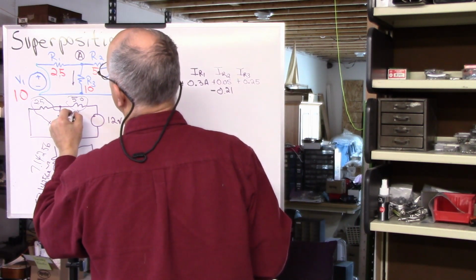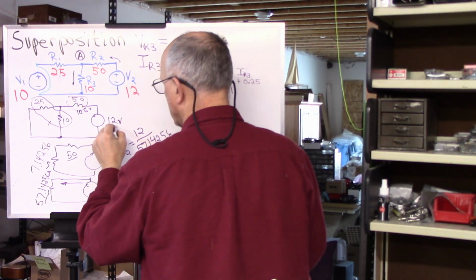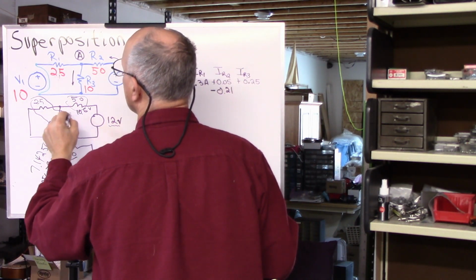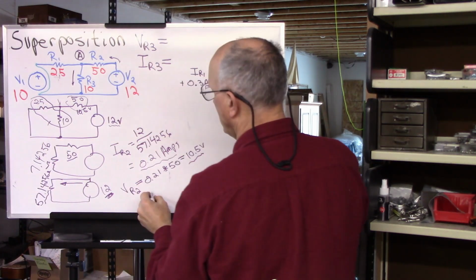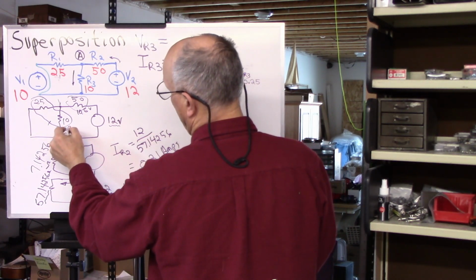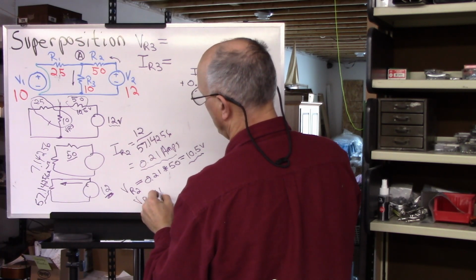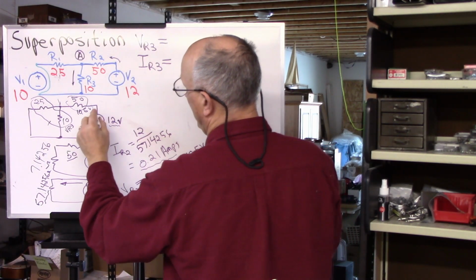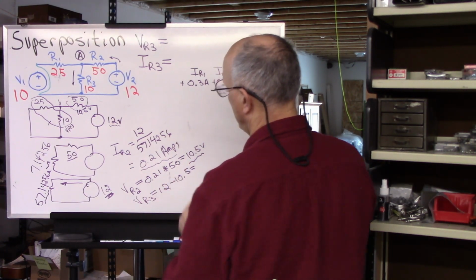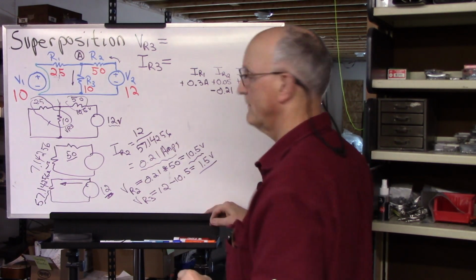Okay, so that's what's across this, 10.5 volts. Well, if this is 12 volts, and we're dropping 10.5 volts across this resistor, this voltage here, which is the VR3, VR3 is going to be equal to the 12 volts here minus the voltage drop across this, is 1.5 volts.